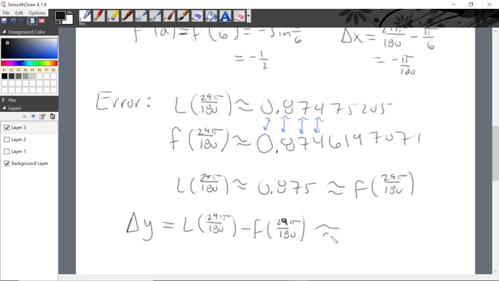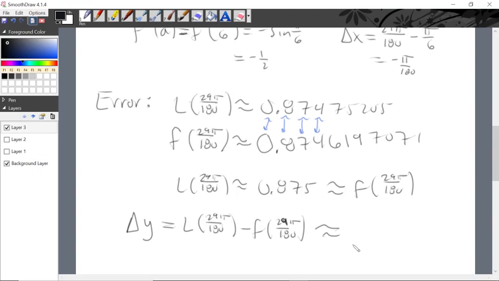Okay, so if we take this quantity, L, and then we subtract the quantity from F, what do we get? 0.87475205 minus 0.87461977071.